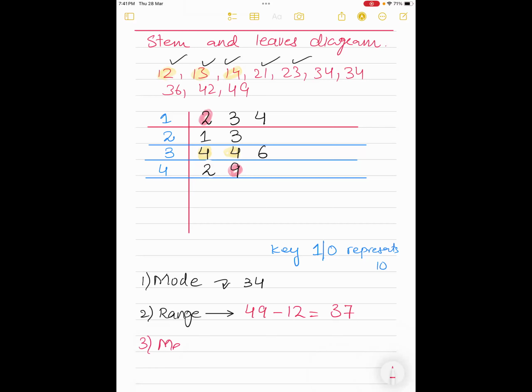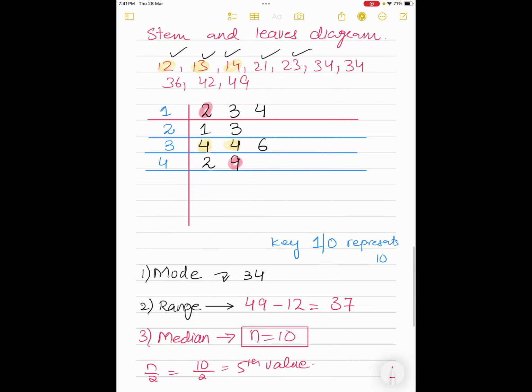The examiner can ask you a further question: median. Median is the middle value. Let's count the values. 1, 2, 3, 4, 5, 6, 7, 8, 9, 10. 10 values are there. So n is equal to 10 and 10 is an even number. So n by 2 is the formula, 10 divided by 2 equals the fifth value.